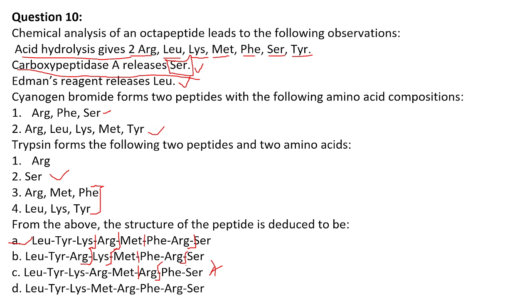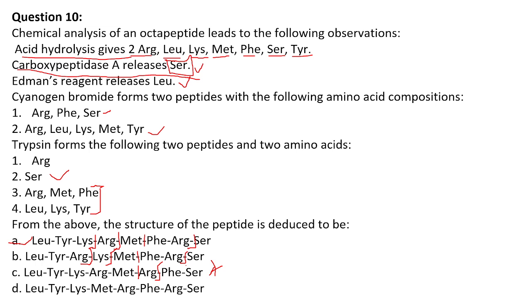Cyanogen bromide forms two peptides with the following amino acid composition. If you use cyanogen bromide, it will give two peptides with arginine, phenylalanine, serine, and arginine, leucine, lysine, methionine, tyrosine. It is again not showing what the sequence will be. Then it is saying trypsin forms the following two peptides and two amino acids.